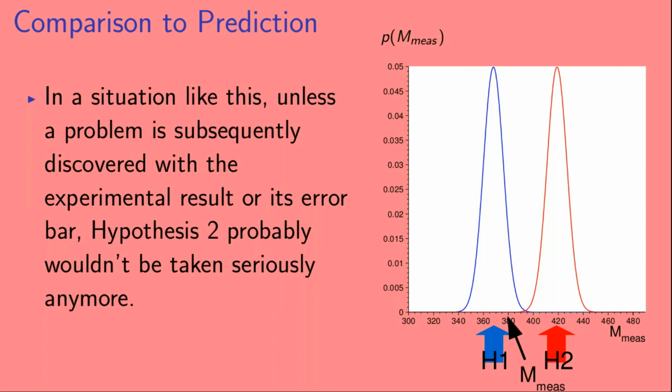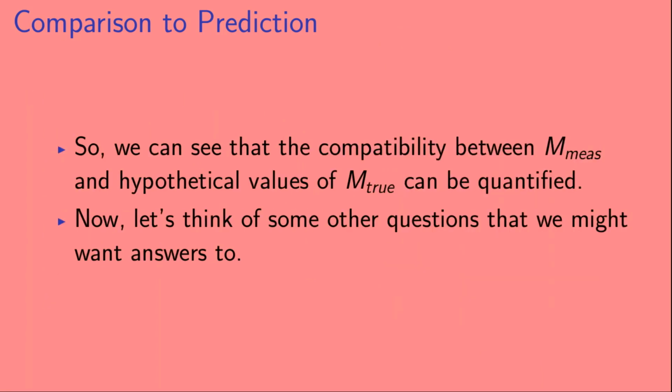In a situation like this, unless a problem is subsequently found with the experimental result or its error bar, hypothesis 2 probably wouldn't be taken seriously anymore. So we can see that the compatibility between m measured and hypothetical values of m true can be quantified.